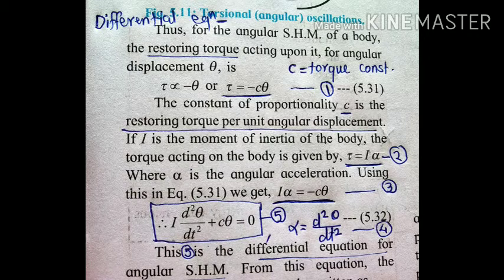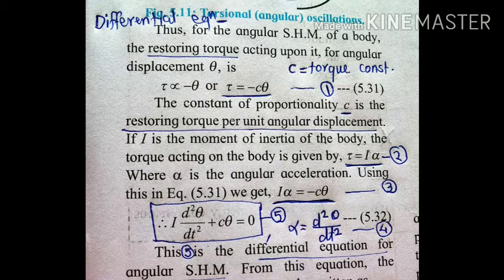In linear SHM, there is a restoring force directly proportional to linear displacement x. Similarly, in angular SHM, the restoring torque, denoted by letter tau, acting on the body is directly proportional to the angular displacement, denoted by letter theta, and thus tau is directly proportional to minus theta.